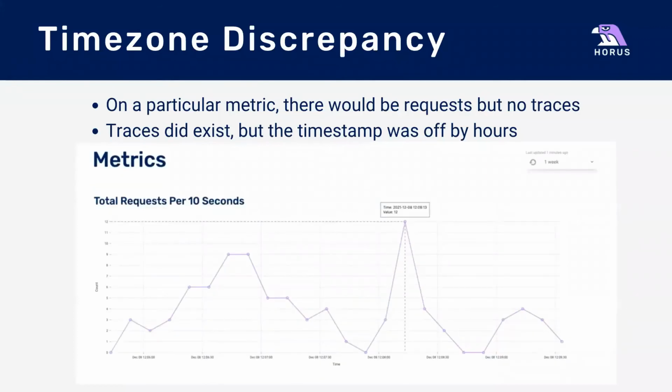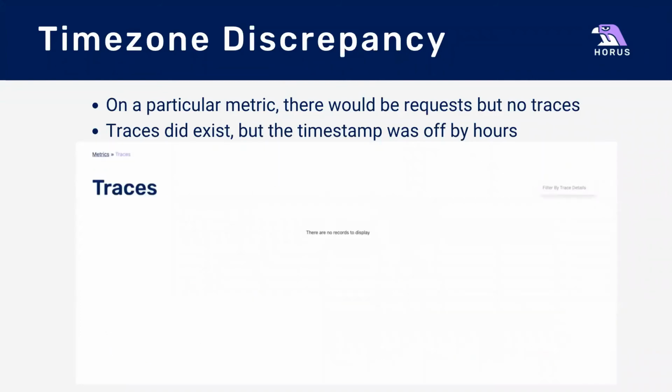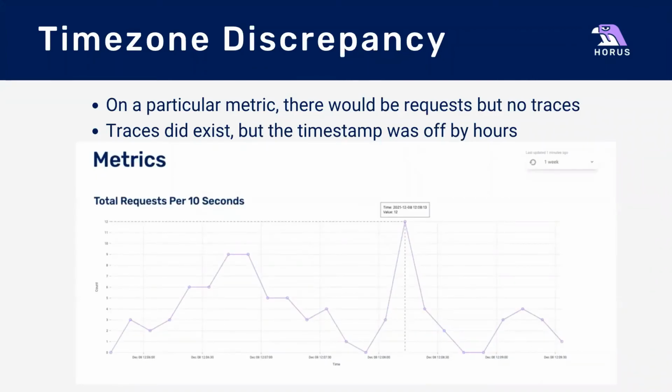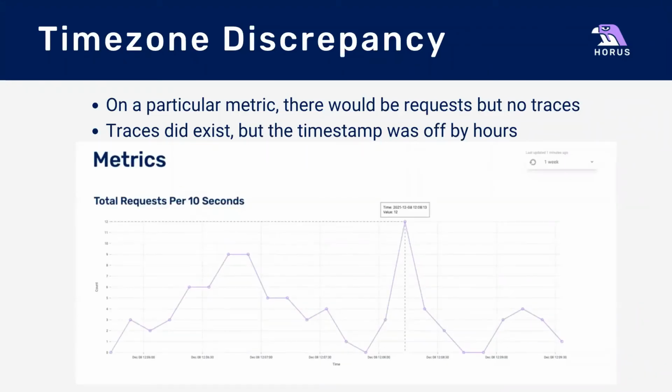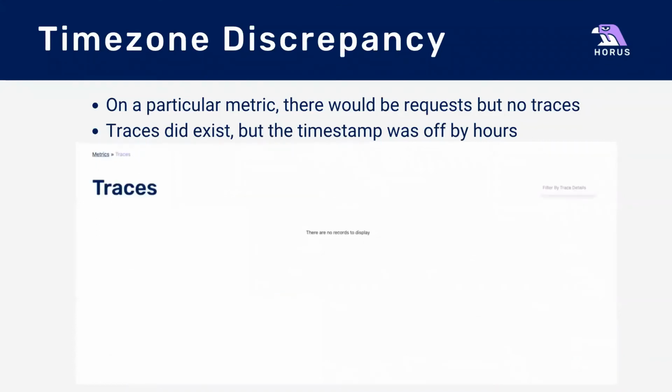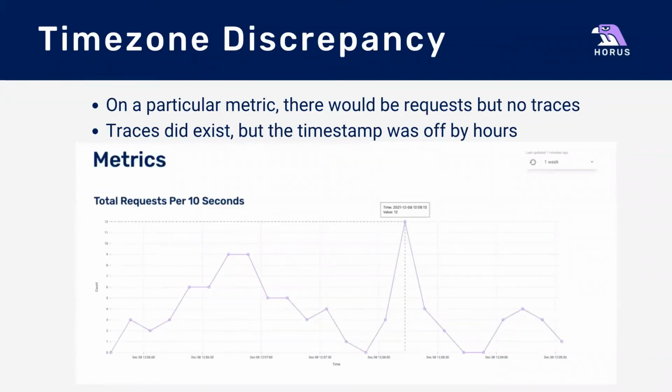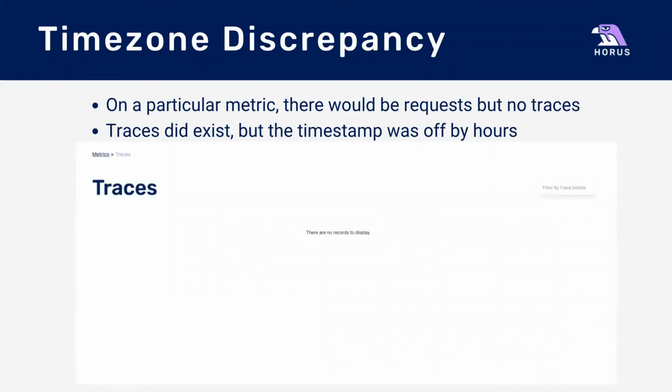For example, we would query the database in a particular time interval and see that there were 12 requests made. But then, in that same time interval, there would be no traces. This resulted in the user experience that you see on the screen. The user clicks on a metric data point and is taken to the traces page, but there are no traces on this page. This didn't make sense.